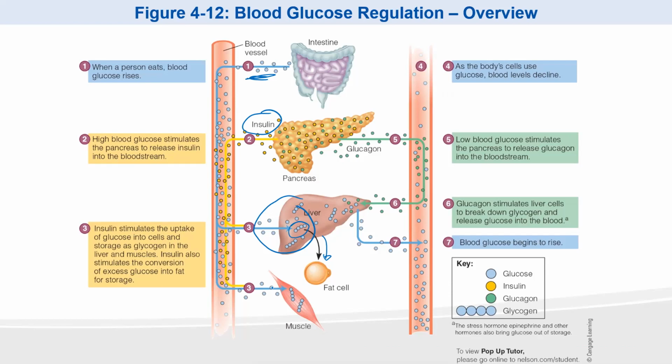And on the right, of course, is when the glucose levels decrease. In this case, we have glucagon being secreted into the blood, telling the liver to break down the glycogen and bring the levels up in the blood. And so this way your brain is happy and it's getting enough glucose, and same thing with the rest of the cells in your body.